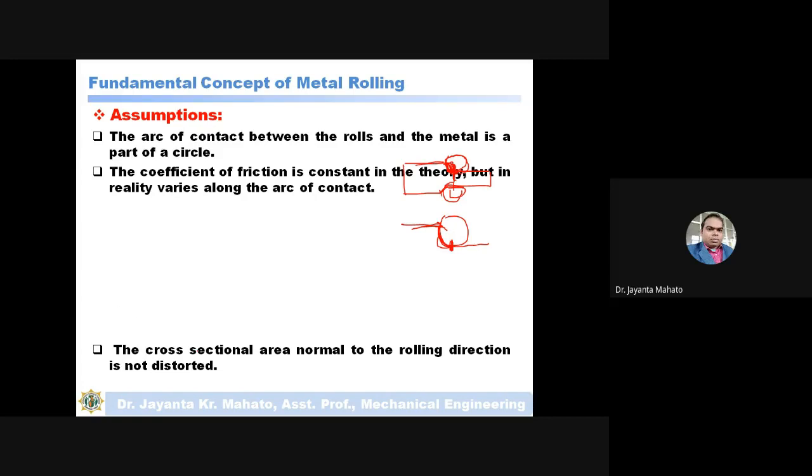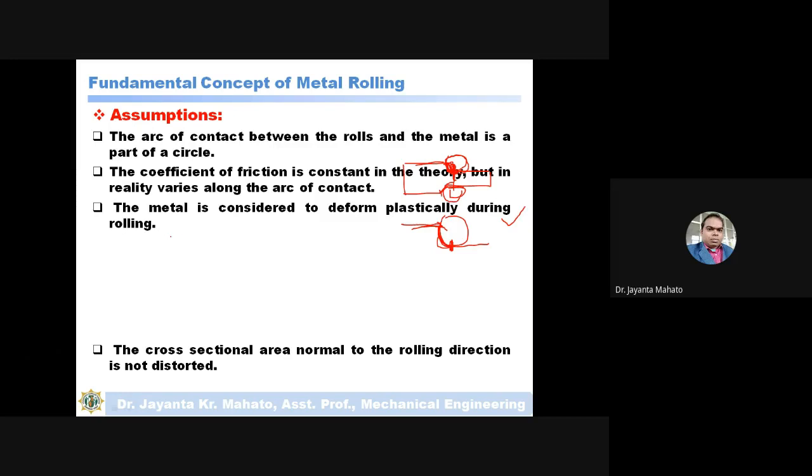The cross-sectional area normal to the rolling direction is not distorted. The metal is considered to deform plastically during rolling. As I've said, we always consider that during the rolling process the metal is plastically deformed, not elastically.